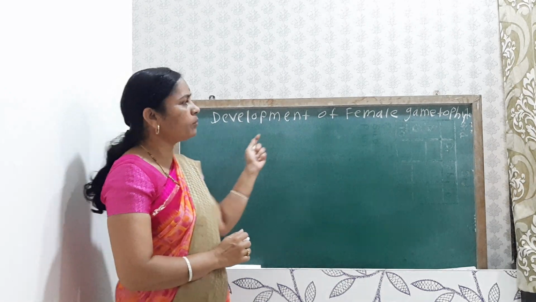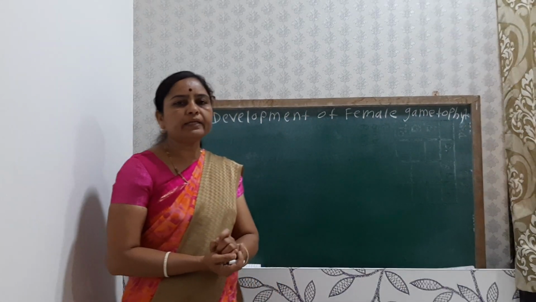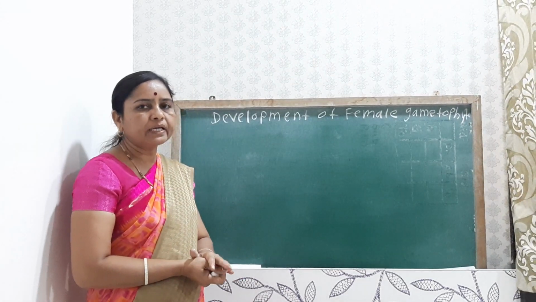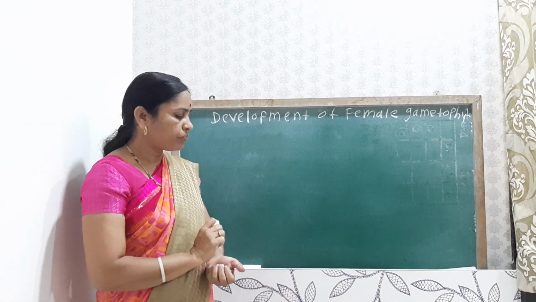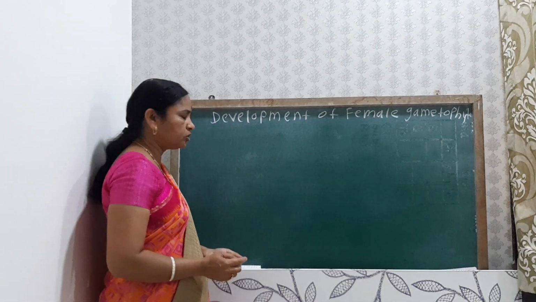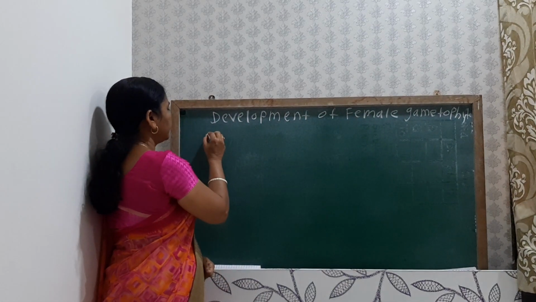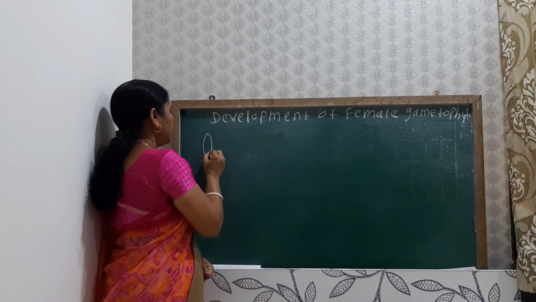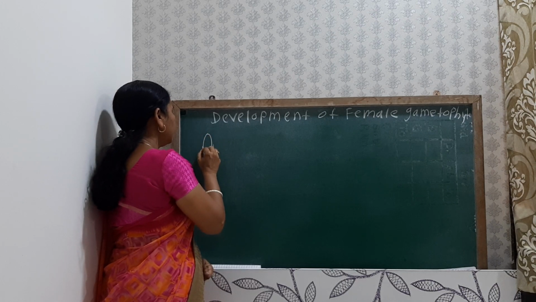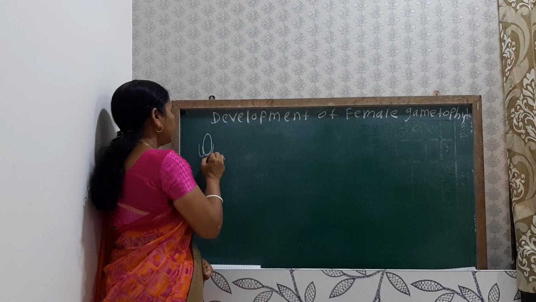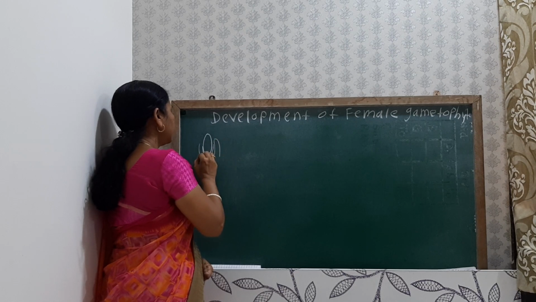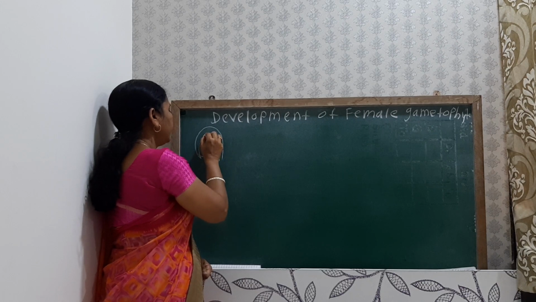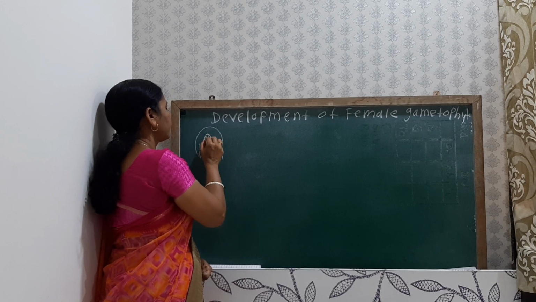The development of the female gametophyte mainly takes place inside the ovule, from the megaspore mother cell. We have seen the structure of the ovule, in which there is the nucellus, and it is covered by the integument.